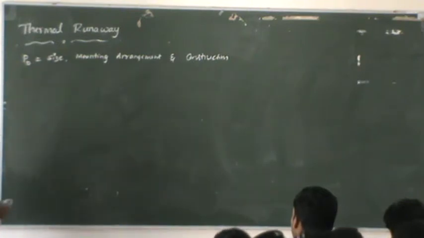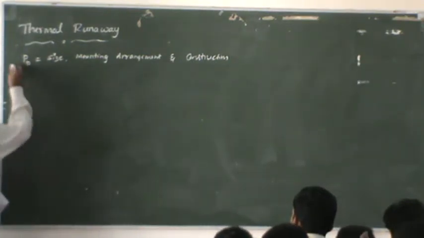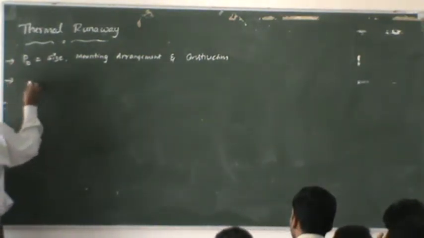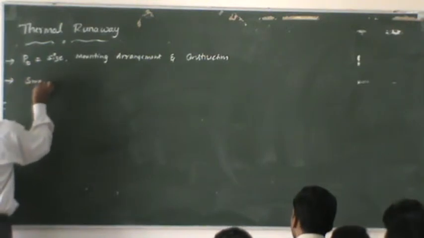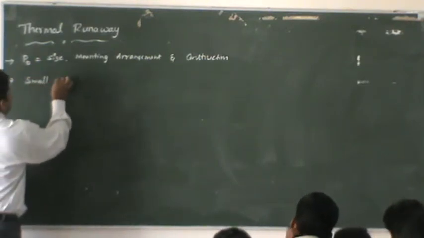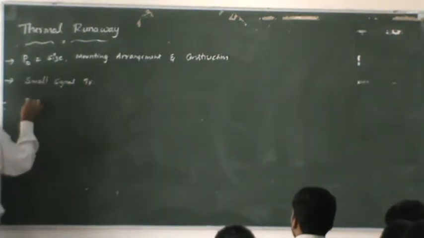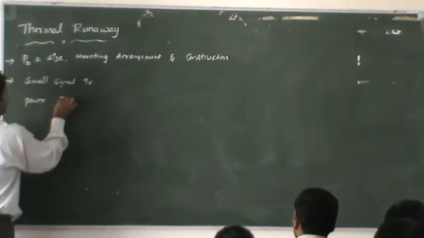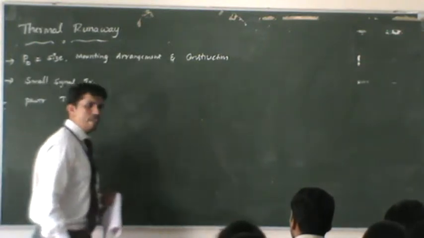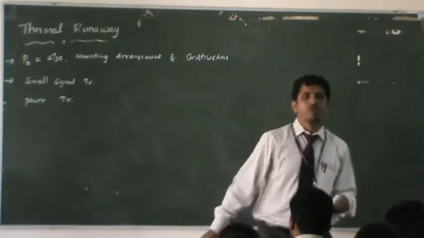So these are a few things, and there are two different types of transistors which I will highlight here. One is the small signal transistor, and another is called the power transistor. In our laboratory we are not going to handle any power transistors.